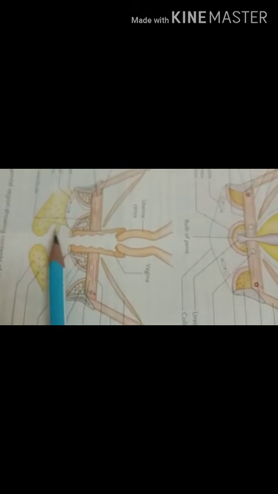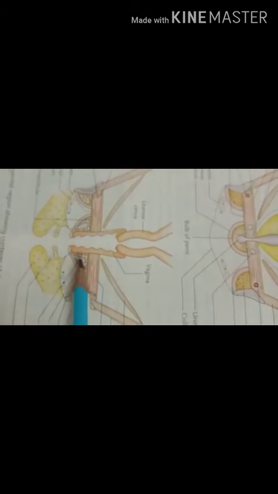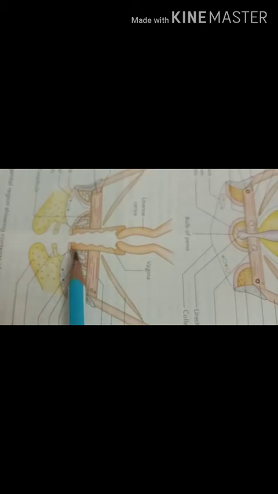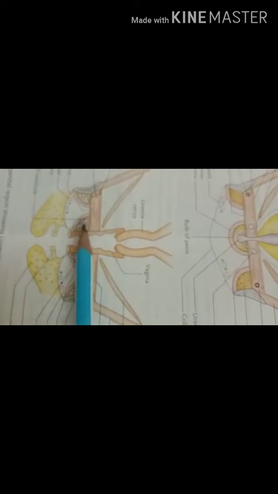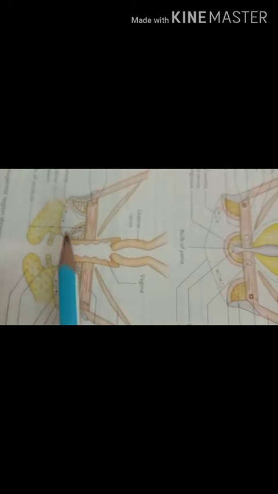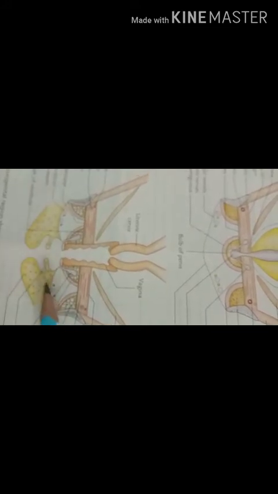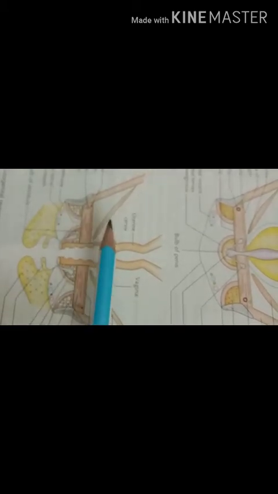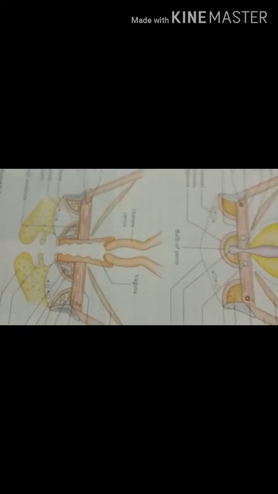Then the urethra, here that continues. Then the greater vestibular glands are present, also called Bartholin's glands, these two. Then the branches of the internal pudendal artery and the branches of the pudendal nerve. So these are the structures present in the superficial perineal pouch.